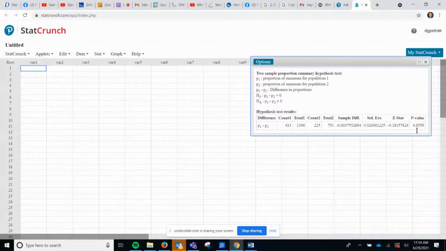It would be high. The percentages are pretty on point with each other. Yeah, so the p-value describes the probability of getting this result by random chance.